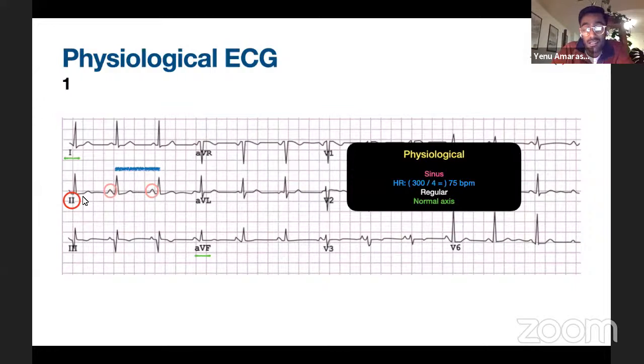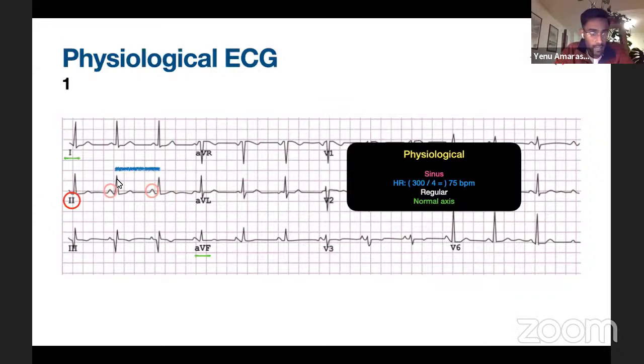So you check if it's sinus or non-sinus, and by that you check for the P waves. In pink, I've highlighted the P waves. So there are P waves, so it will be deemed sinus. Then you would go on to measure the heart rate. Heart rate is 300 divided by the number of large boxes.